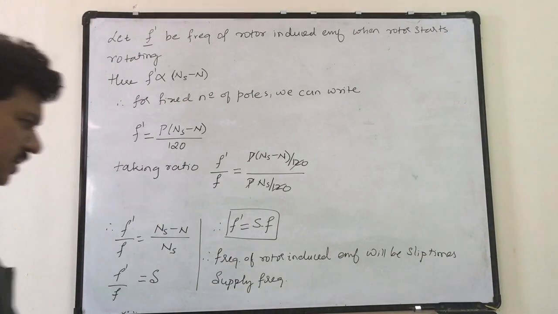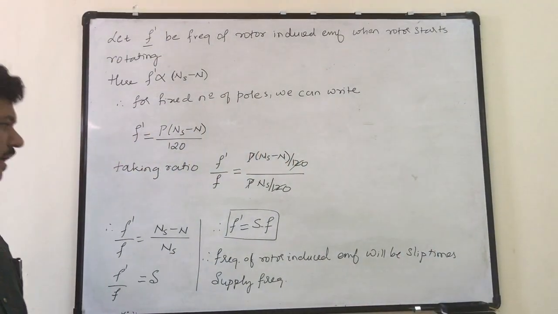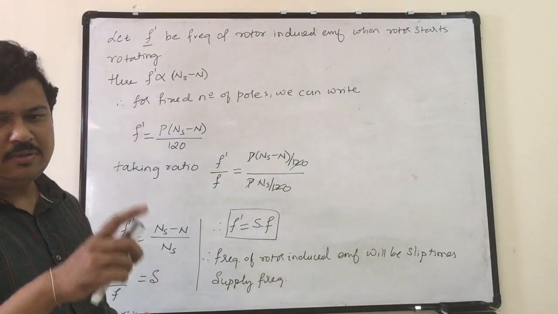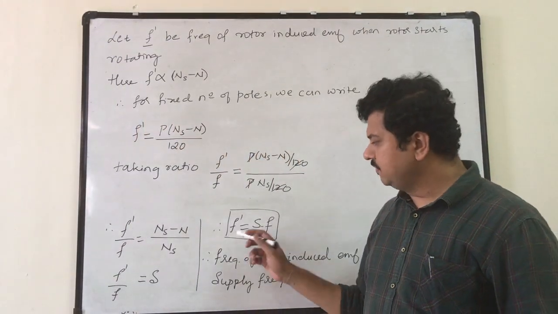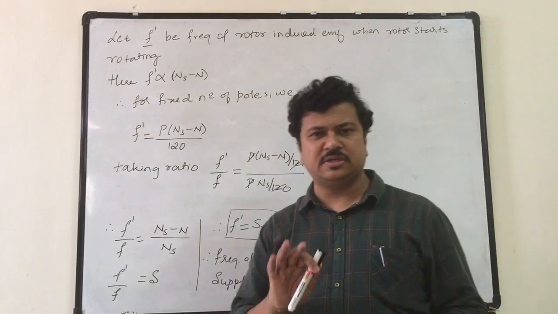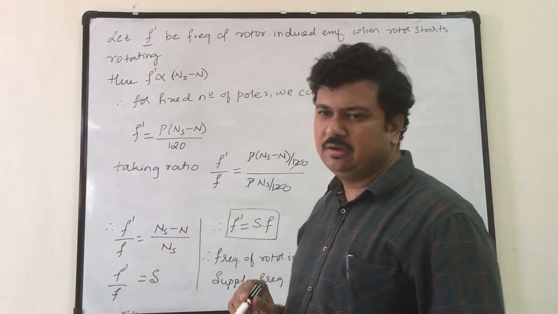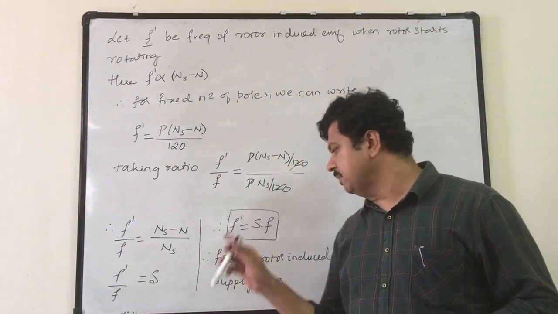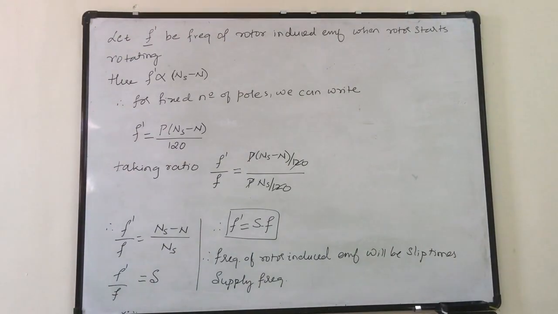So this is the frequency of rotor induced EMF. Because the relative speed between the rotating magnetic field and the rotor is continuously changing, the frequency of rotor induced EMF will not be the supply frequency, it will be simply proportional to the slip speed, and it is slip times the supply frequency. So this is one thing we had to see.